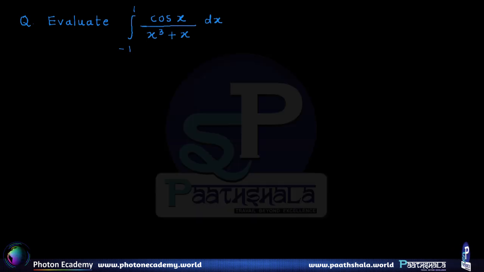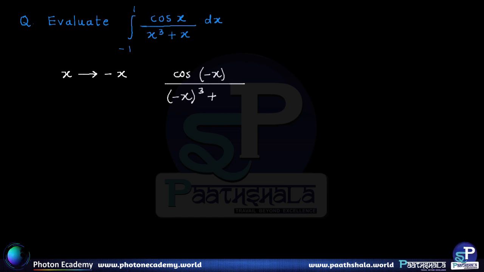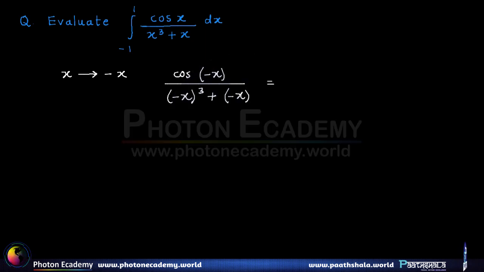Now what happens if we replace x with minus x? We will get cos of minus x upon minus x the whole cube plus minus x. We know that cos of minus x is the same as cos x because cos is an even function. But in the denominator, since we have odd powers of the variable, we get minus x cube minus x.